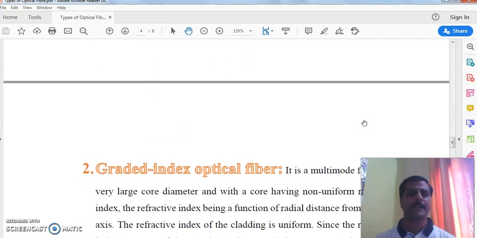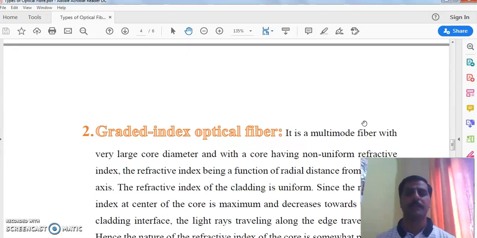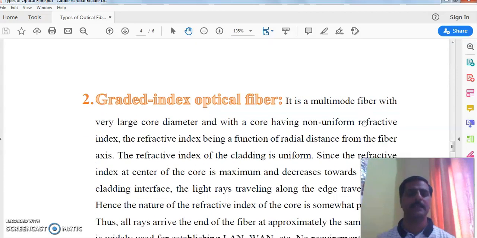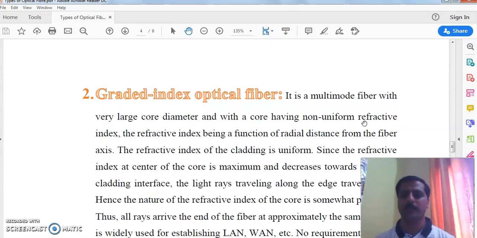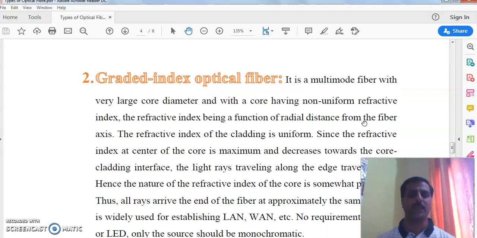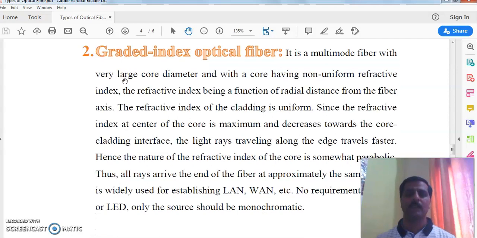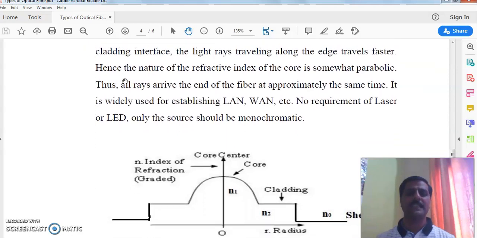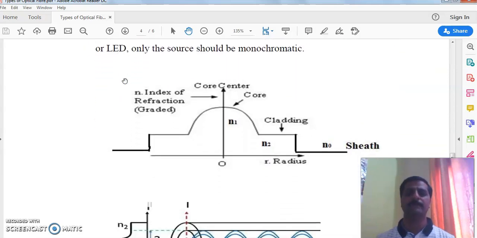Come to the second type, depending on the index, that is graded index optical fiber. As we already discussed, step index means like the first type. Here, instead of step, it is graded. It means the refractive index of the core, which is uniform in case of step, is variable here. It has a maximum value at the center. Here you have to see the diagram.